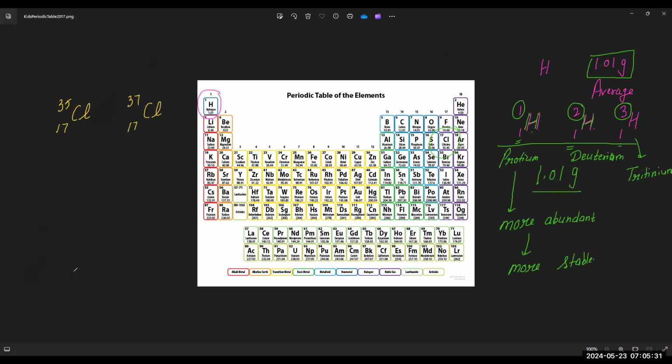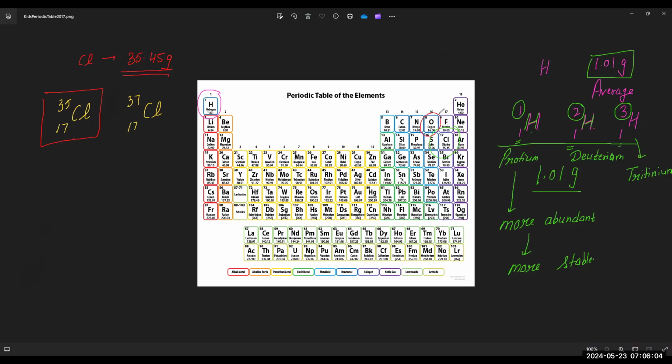Which isotope do you think is more abundant in nature? Look at the average atomic mass of chlorine, which is 35.45 grams. That's the average atomic mass. So which one is more abundant? This one. So which isotope is more stable? This chlorine 35 is more stable.